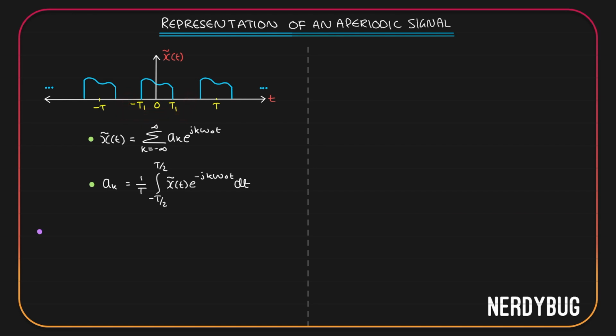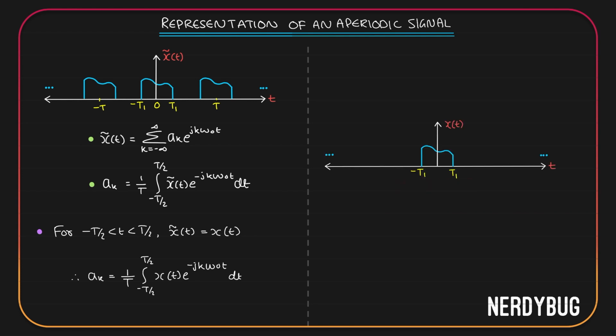So we can write for -T/2 less than t less than T/2, x tilde of t is actually equal to x(t). So a_k becomes 1 by T integral from -T/2 to T/2 of x(t) e^(-jkω0t) dt.